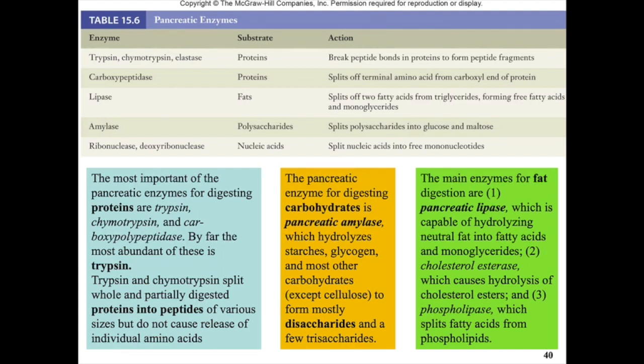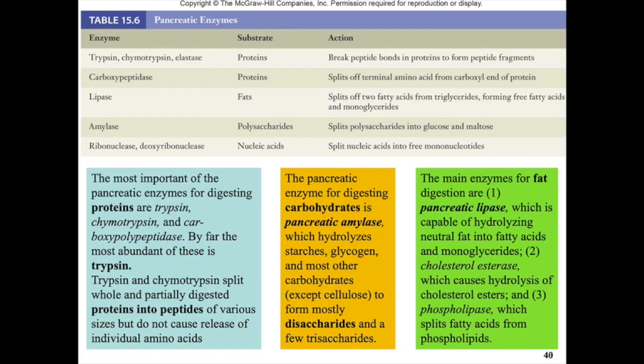So let's start with the enzymes. Virtually the pancreas also provides all the enzymes to digest everything, from carbohydrates, lipids, and proteins, but also aspects such as DNA and RNA and so on and so forth. Let's focus on the most important ones.